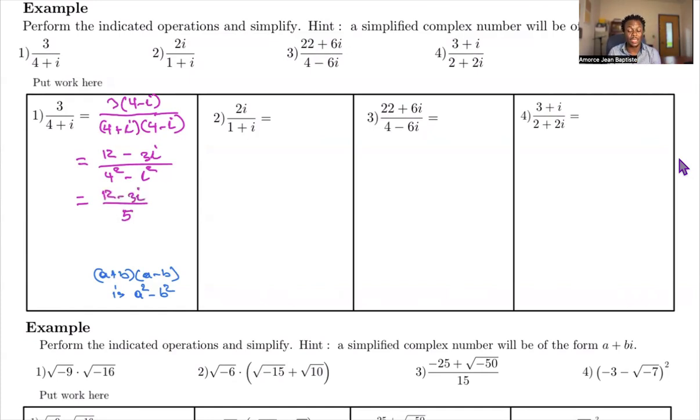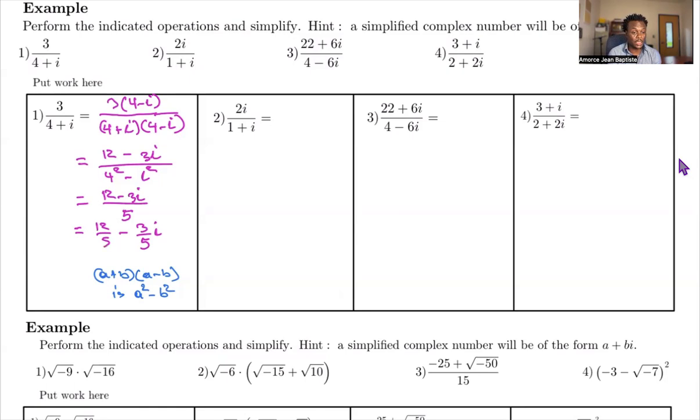And it's always good to separate the denominator when it comes to complex numbers so you can see your real and imaginary parts. So that's 12 over 5, which is the real part, and the imaginary part is negative 3 over 5 i.